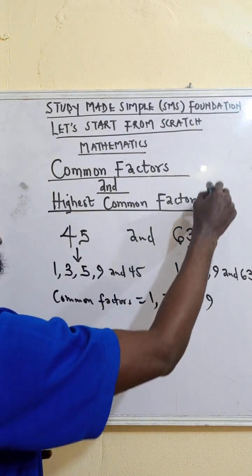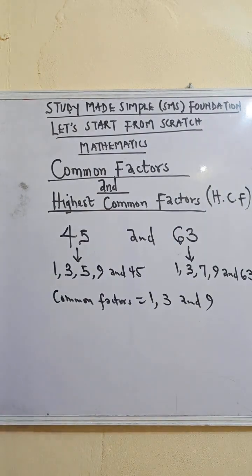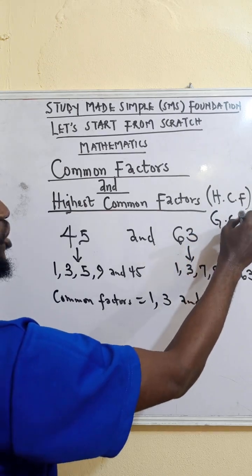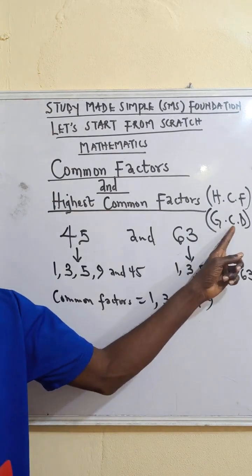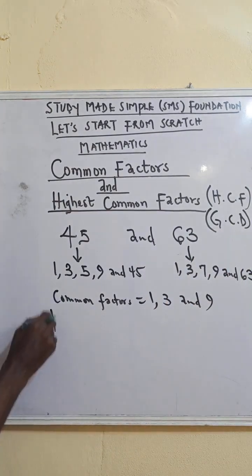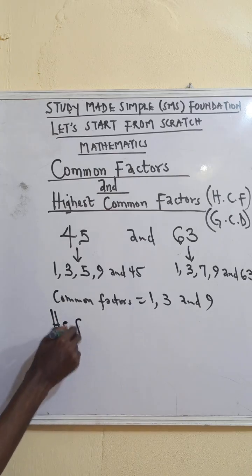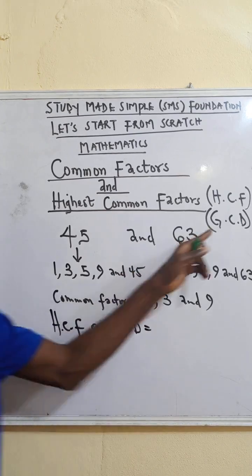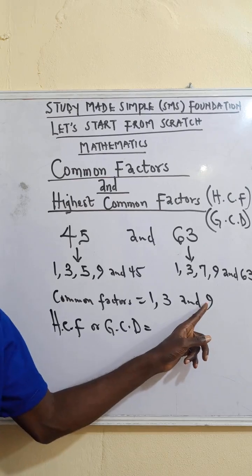That's the meaning of highest common factor. This is also known as HCF. At times, we also call it GCD, where GCD stands for greatest common divisor. So, HCF or GCD, greatest common divisor, that will be equal to what? 9.